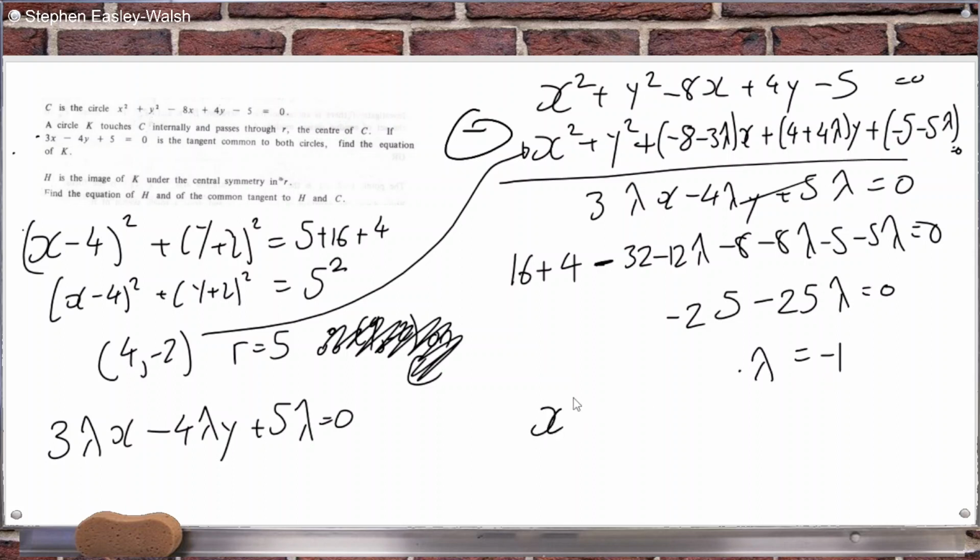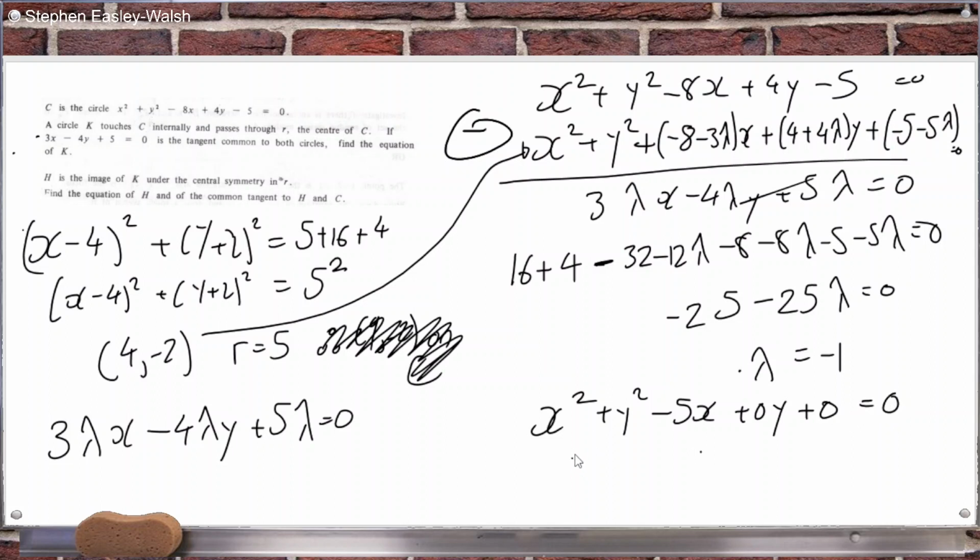So the equation of the circle would be x² + y², minus 8. Wasn't quite expecting that, actually. Minus 8, because that was a little bit too easy. But anyways, we'll take what we can get. Minus 8 plus 3 is -5x, and then, interesting, they cancel, so there's no y, and then they cancel as well, minus 5 plus 5, so there's no constant at the end.